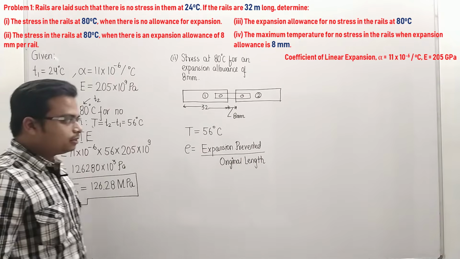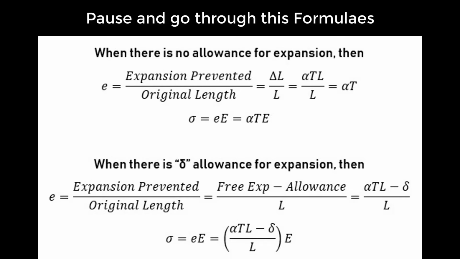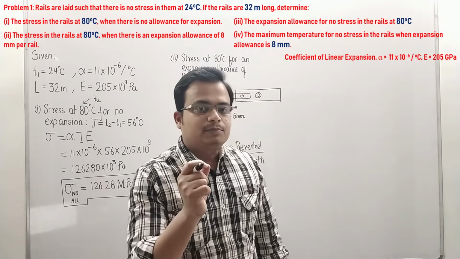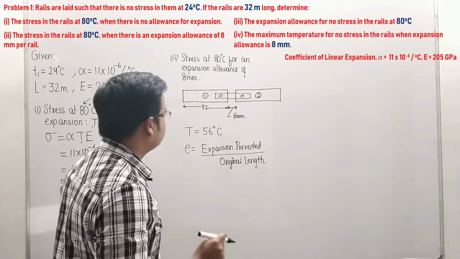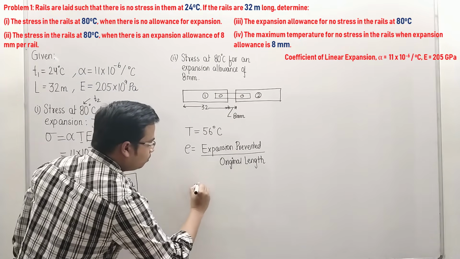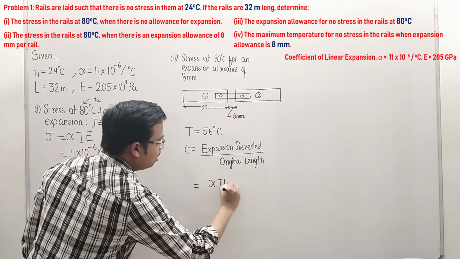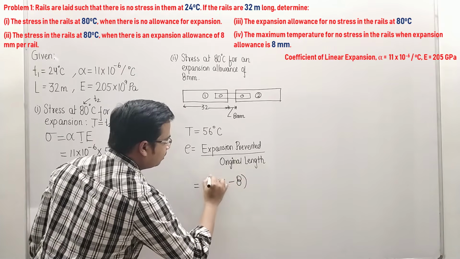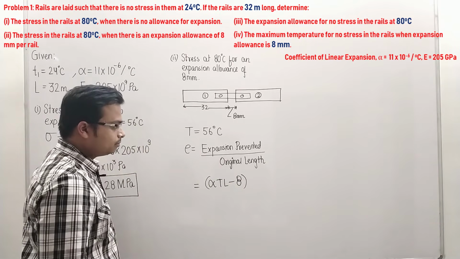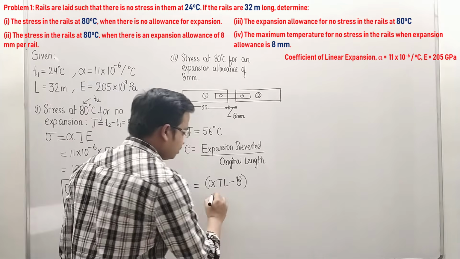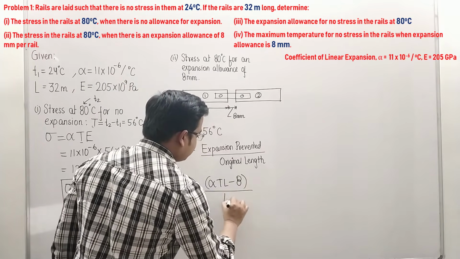In the previous case, it was preventing an expansion of alpha TL. But here it is going to prevent an expansion of alpha TL minus 8. Right? Remember this. With respect to the original length, how much is it?